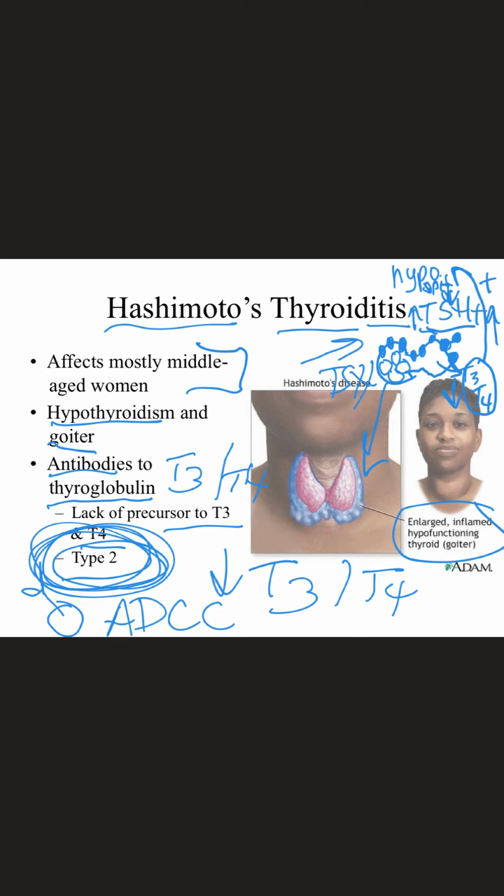So if you're destroying essentially the precursor, that thyroglobulin, which exists inside of the follicle, if it's covered in antibody, then it's going to be destroyed. So thyroglobulin destruction then is going to lead to inadequate T3, T4, and then this inadequate feedback loop stimulating the thyroid to make T3, T4, but ends up just making the thyroid hypertrophic.